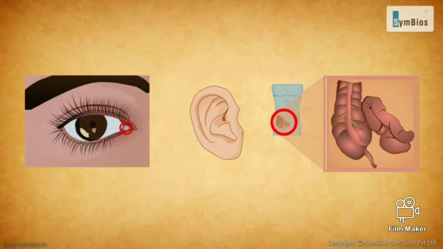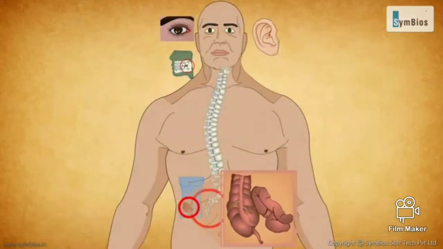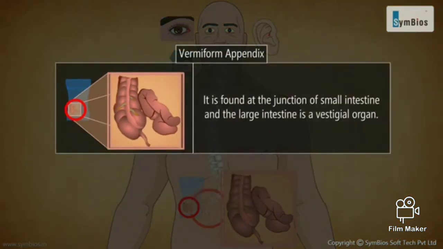From the evolutionary point of view, vestigial organs are structures that were well developed, functional, and necessary in ancestors but are now vestigial. Human beings have many vestigial organs, such as the vermiform appendix. It is found at the junction of the small intestine and the large intestine and is a vestigial organ.